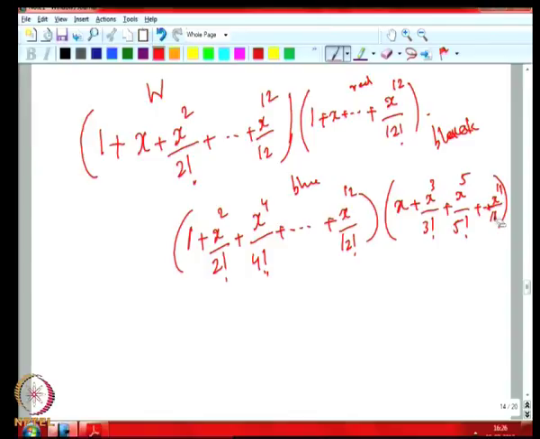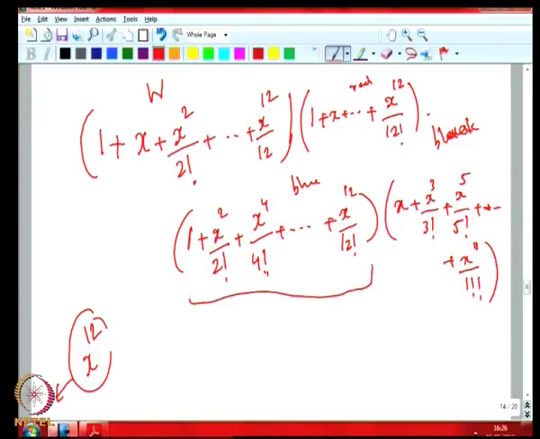Now, because we are looking for the coefficient of x raised to 12 in the product, whenever a term is coming from this, it will be x raised to some even number divided by that even number factorial.